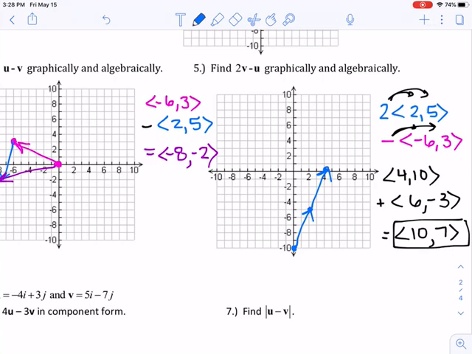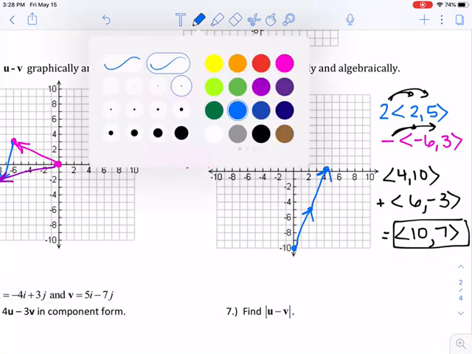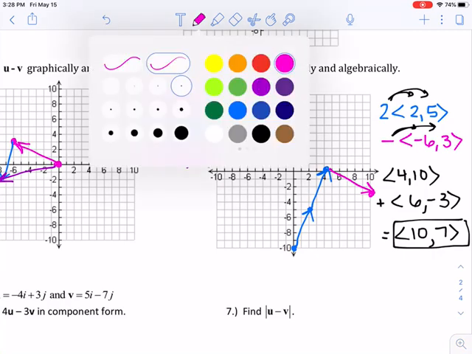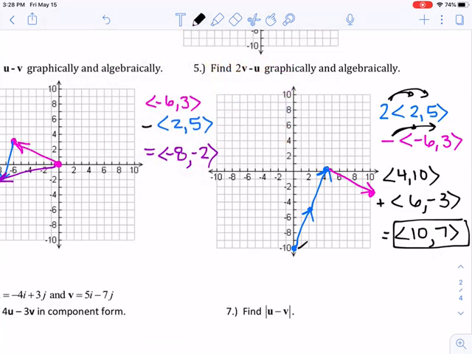So instead of going negative 6, 3, when I distribute that negative, it's now going to be 6, negative 3. So I'm going to go forward 6 and down 1, 2, 3. So there's the vector negative u. Notice it goes in the opposite direction. And so my resulting vector goes forward 10 and up 7.